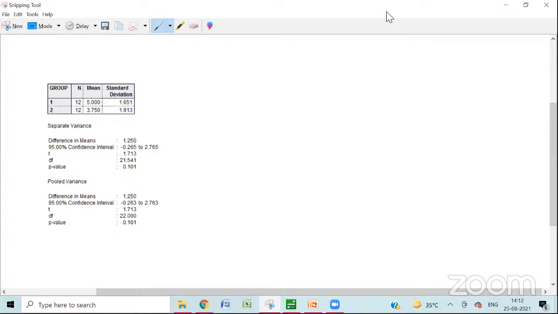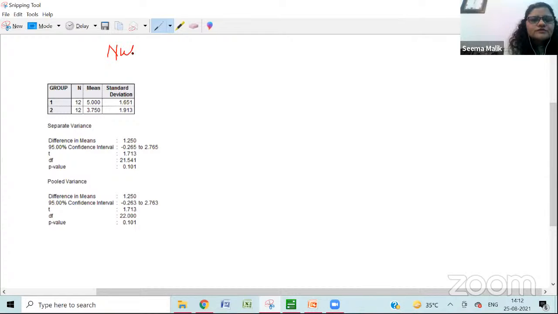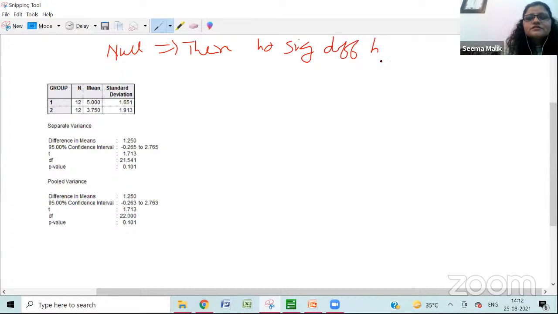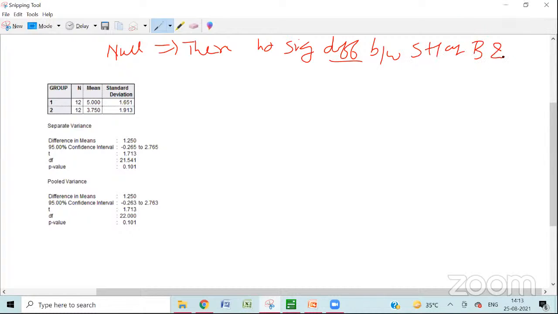Now what is the null hypothesis in the two independent sample t-test? Null hypothesis: there is no significant difference between study hours of boys and girls.